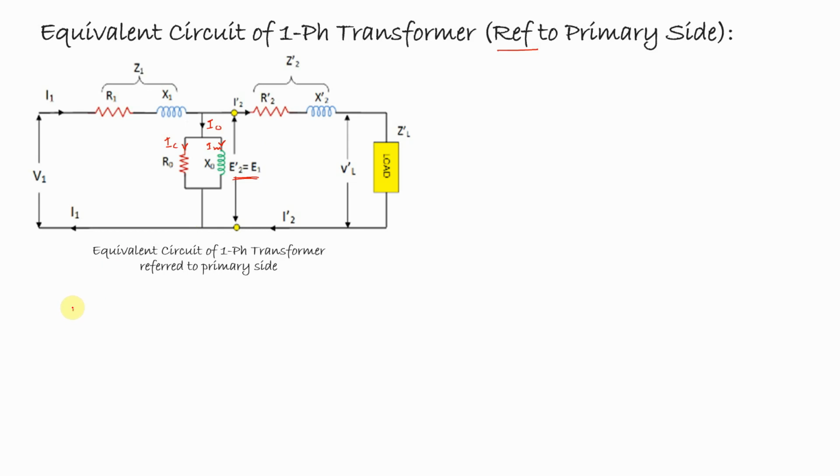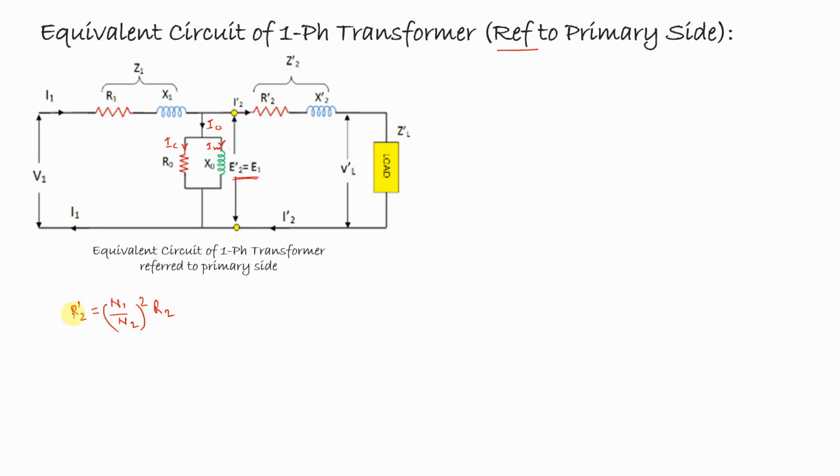Remember, here R2 dash means the resistance of the secondary referred to primary, and its value is N1 by N2 whole square into R2. R2 is the resistance of the secondary winding. But when we transfer the secondary winding resistance to the primary side, its value will change and the new value will be considered as R2 dash.